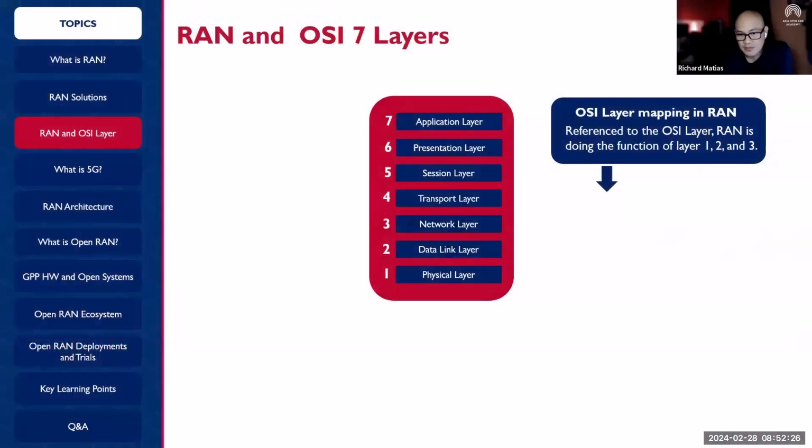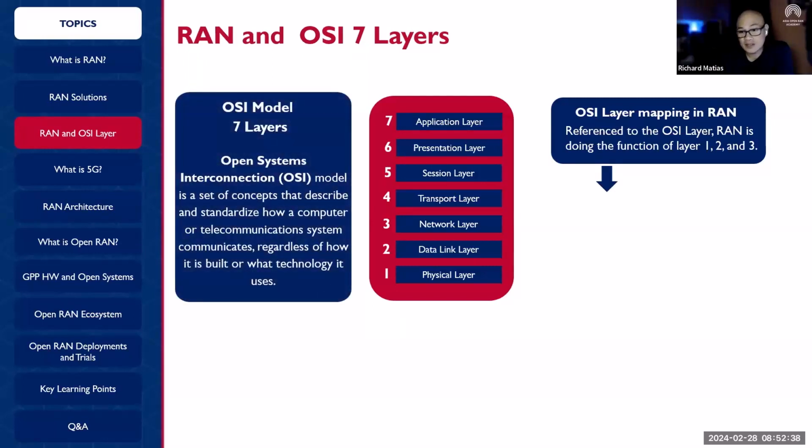In the OSI model, we have 7 layers, and as I mentioned, the OSI model describes how computer or telecommunication systems talk to each other in a standardized way, regardless of how they are built or what technology they use.